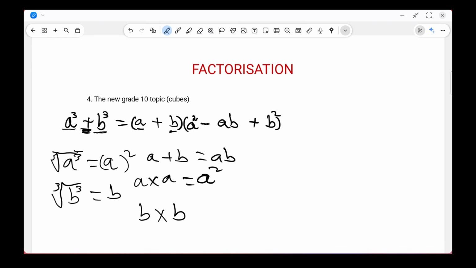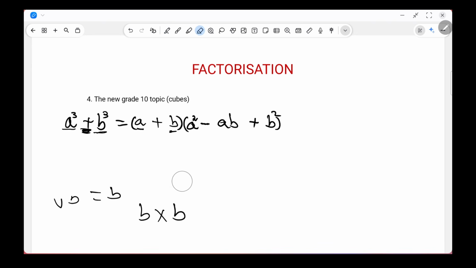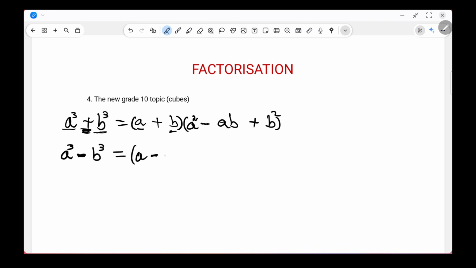Let me give you: if we have a negative sign, a cubed minus b cubed is equal to, in the small bracket, a, then we keep the original sign, negative, then b.